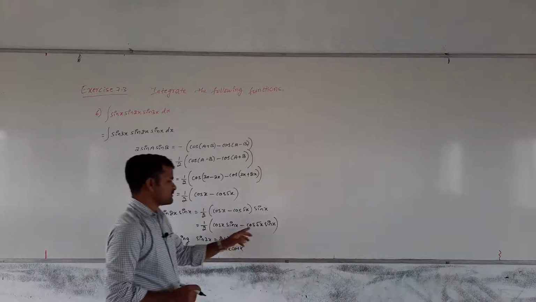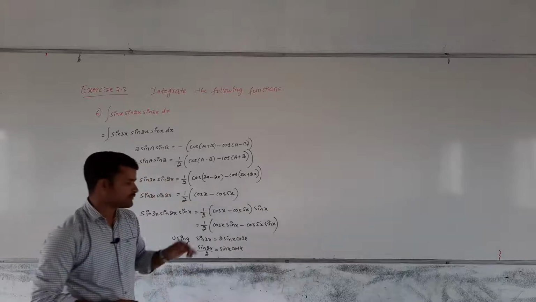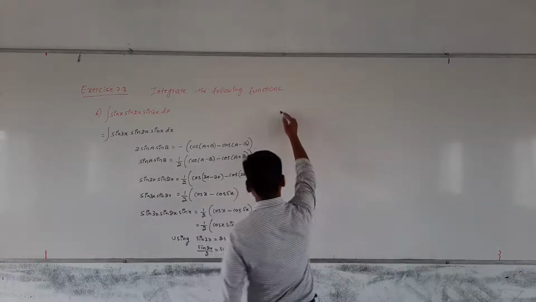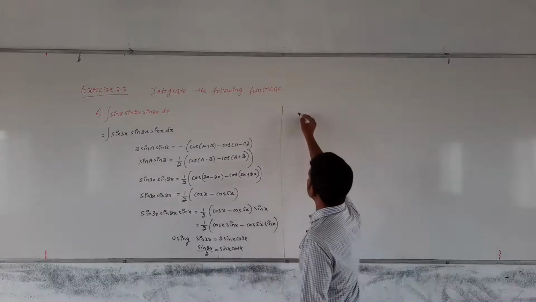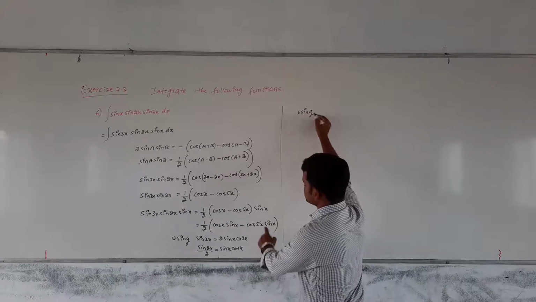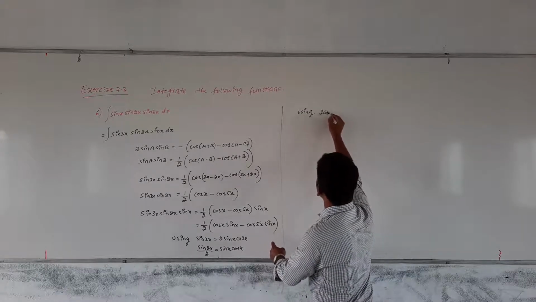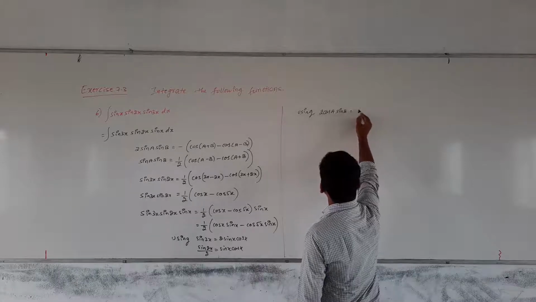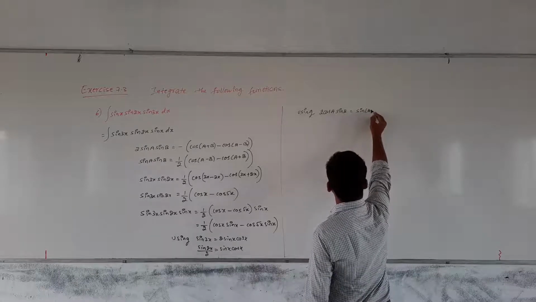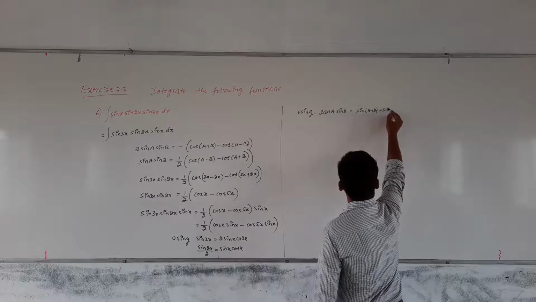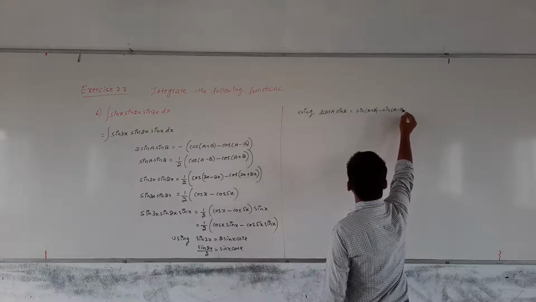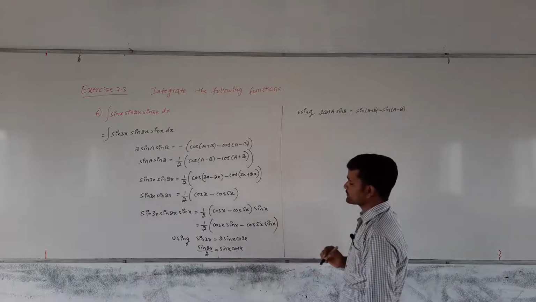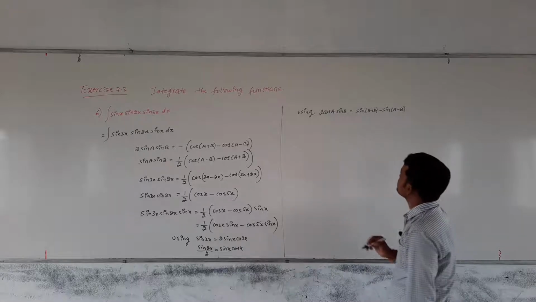And what about this cos 5x into sin x? For that we will use the trigonometric identity cos into sin, using the formula 2 times cos A into sin B, which is nothing but sine of a plus b minus sine of a minus b. This is the formula we know, the cos a into sin b formula.